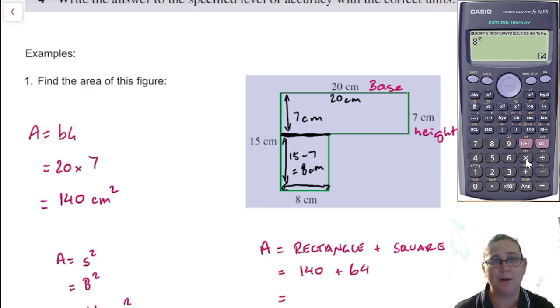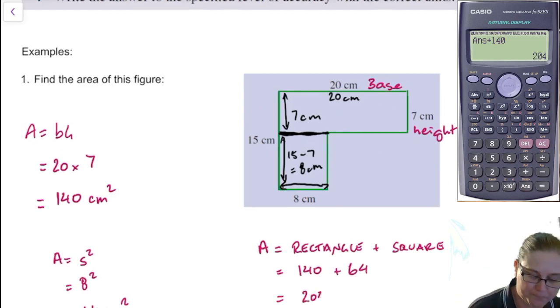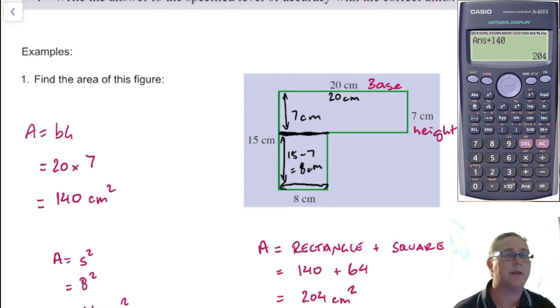We don't need to do anything else except hit the plus key and then add the 140. That takes the 64 and adds it to the 140 for us. We don't need to add any more buttons in. Gives us 204 centimeters squared.